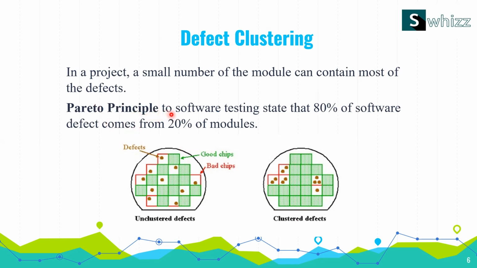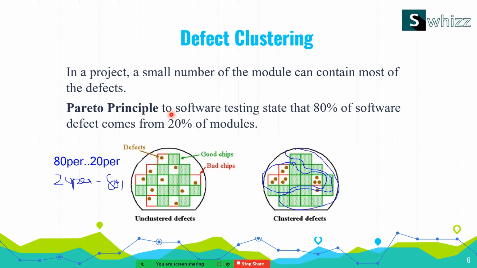This is explained by the Pareto principle. The Pareto principle talks about the 80:20 ratio. 80% of the bugs exist in 20% of the modules, and the remaining 20% of the bugs exist in 80% of the modules. Consider all this is 80% of the modules, and we have just 20% of the bugs.